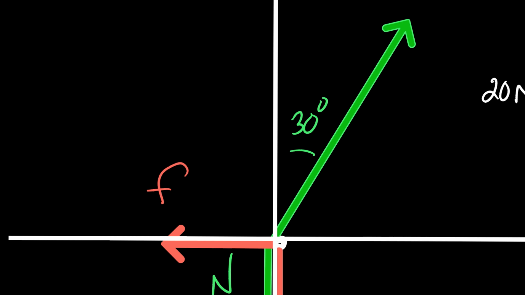I'm going to try and break up this 20 Newton force into a component aligned with the Y direction and a component aligned with the X direction. When drawing components, they must be aligned with your choice for X and Y. So for this, that means I'm going to have a portion of the 20 Newton force in the Y direction and a portion of that 20 Newton force in the X direction.